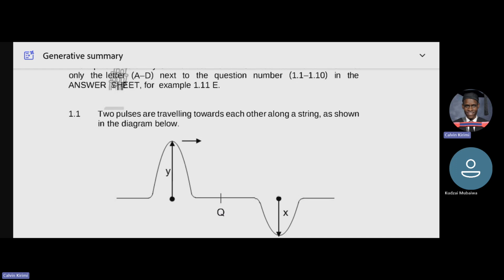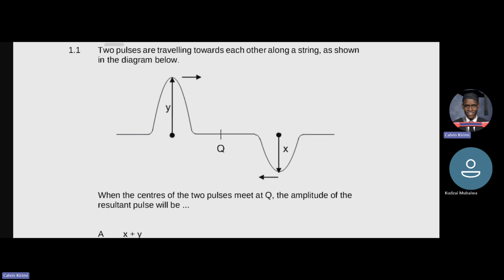This is not a wave, it's just a pulse. So the one pulse is going to the right, then the other one is below there, as shown. They have different amplitudes, these pulses. And these arrows are showing you where the pulse is going to the right.